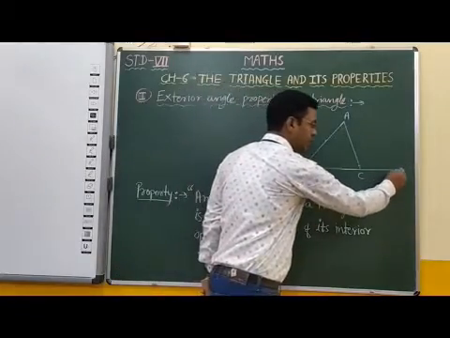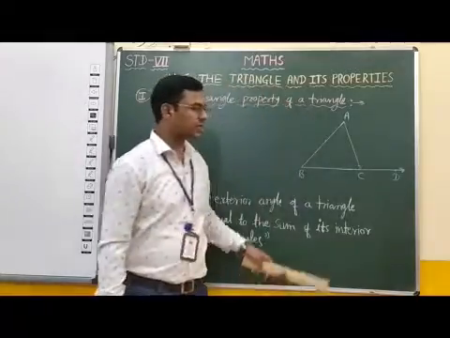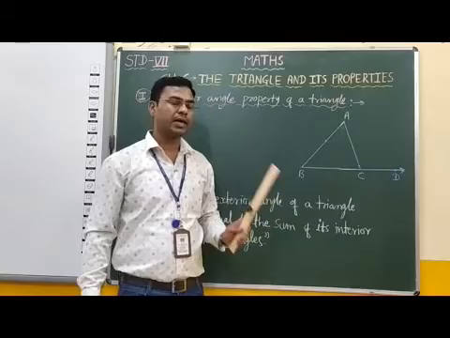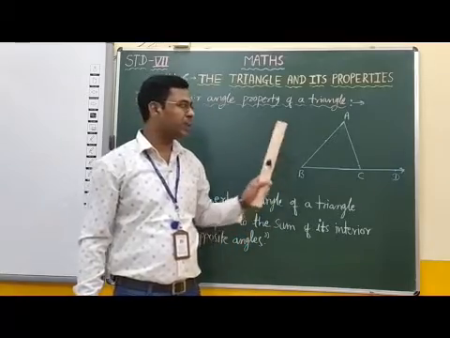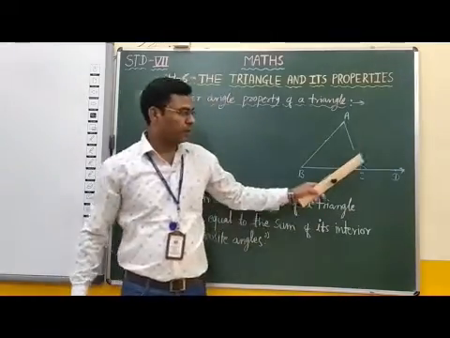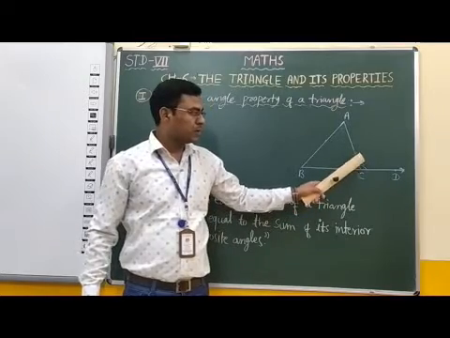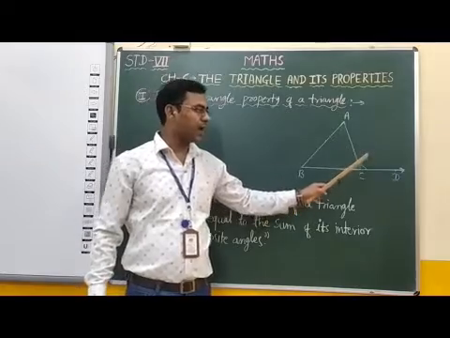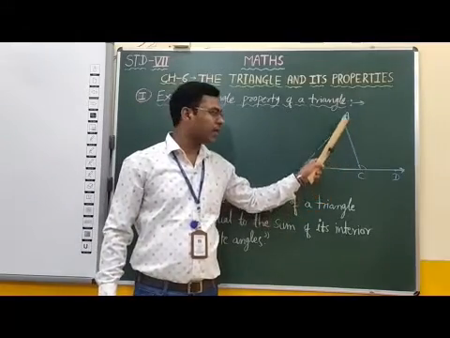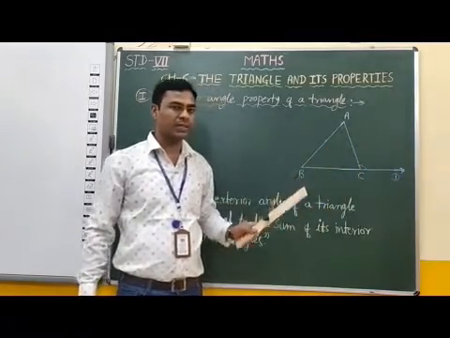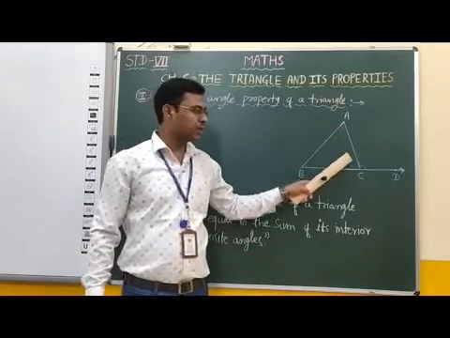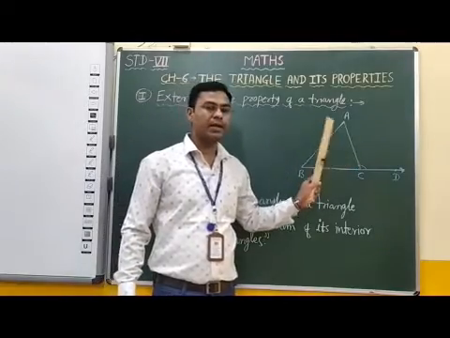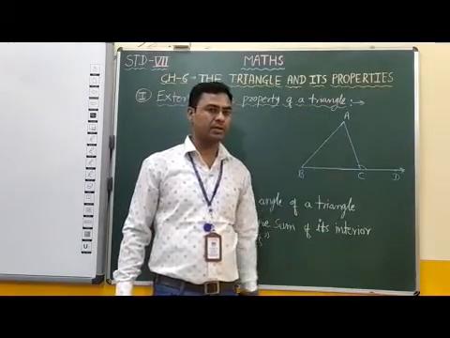Suppose this point is D. Therefore, we can say that this angle ACD is an exterior angle of the triangle. If you observe here, this angle ACB is adjacent to angle ACD, or we can say that these two angles are adjacent angles and these two angles are linear pair angles.